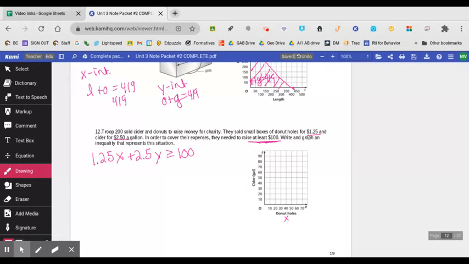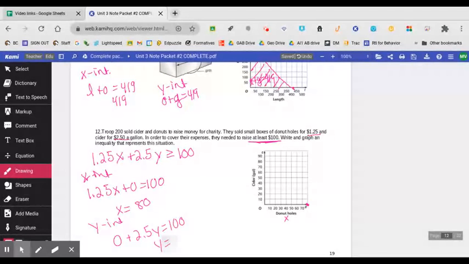Now again, to graph, I'm going to use my intercepts. So my x-intercept is 1.25x plus 0 equals 100. So that gives me x equals 80. Then my y-intercept is 0 plus 2.5y equals 100.